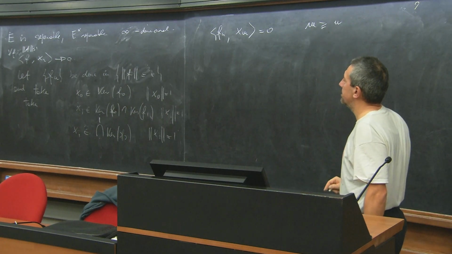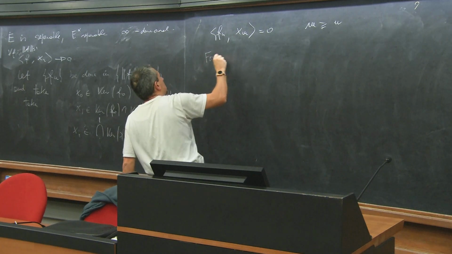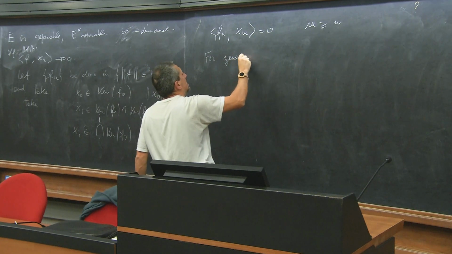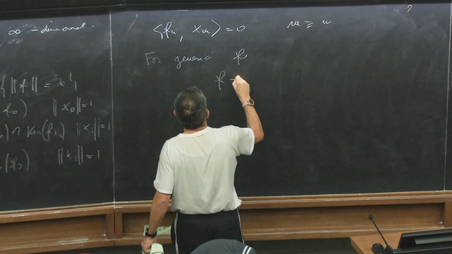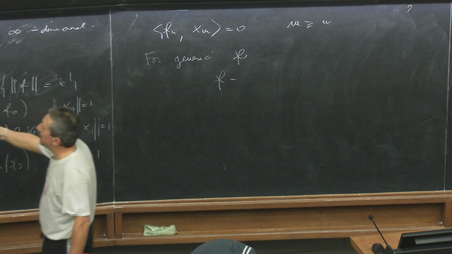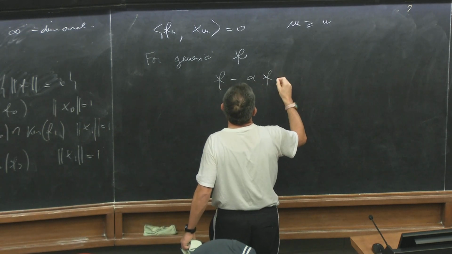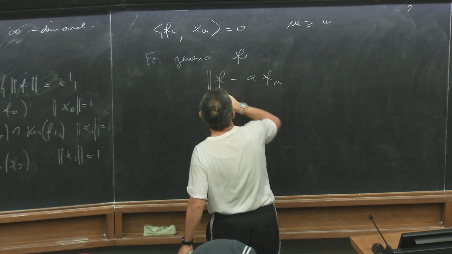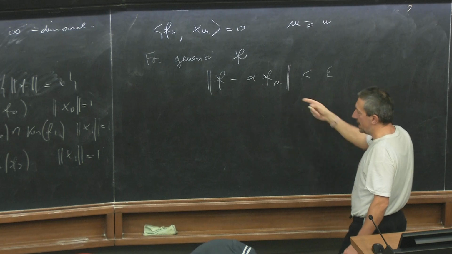By construction. Now for generic f, I just write f minus some alpha fn, and this is less than epsilon. And then you do the same.